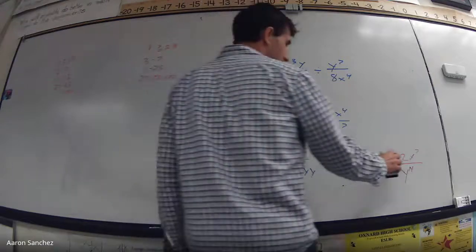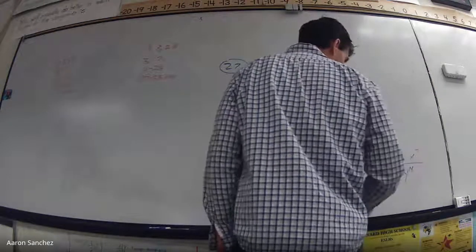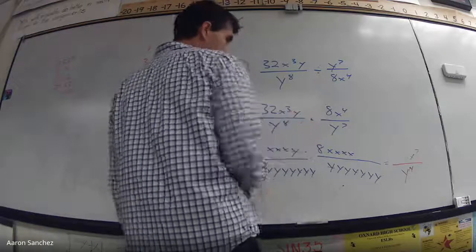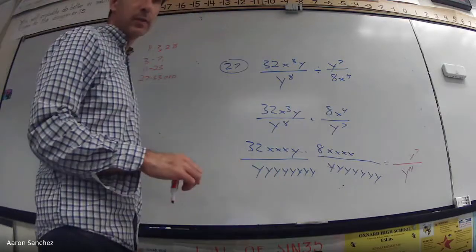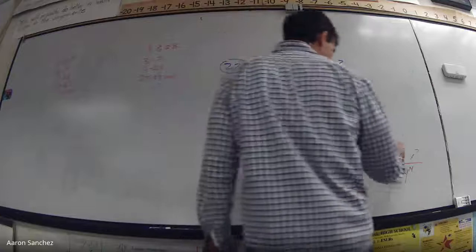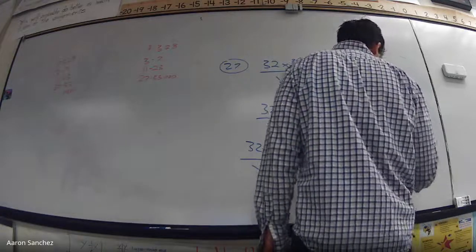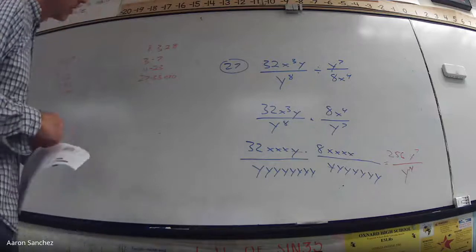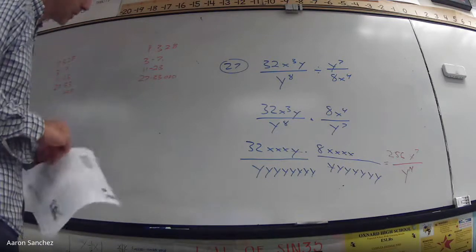Anyone know? I made a mistake. That's why I got 32. 256. So it should be 256 x to the 7th over y to the 14th. Sorry about that.